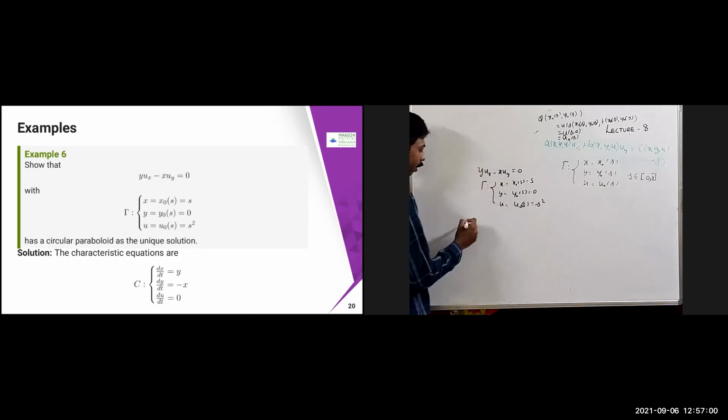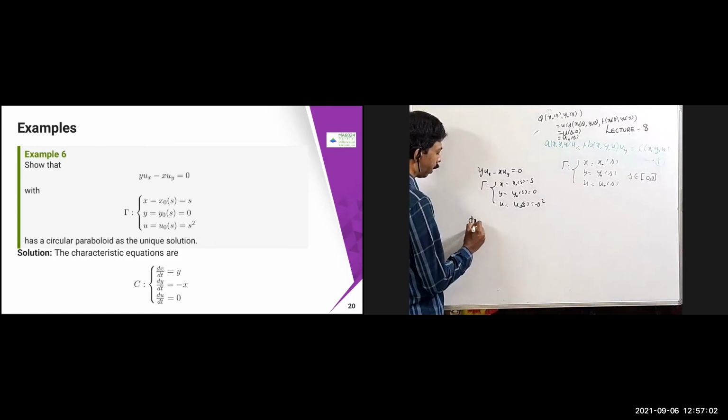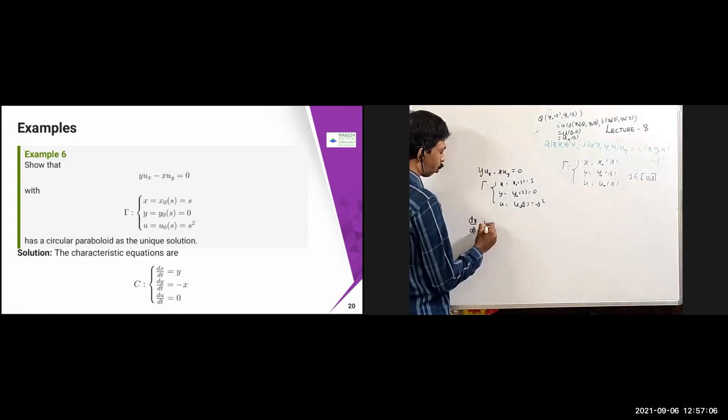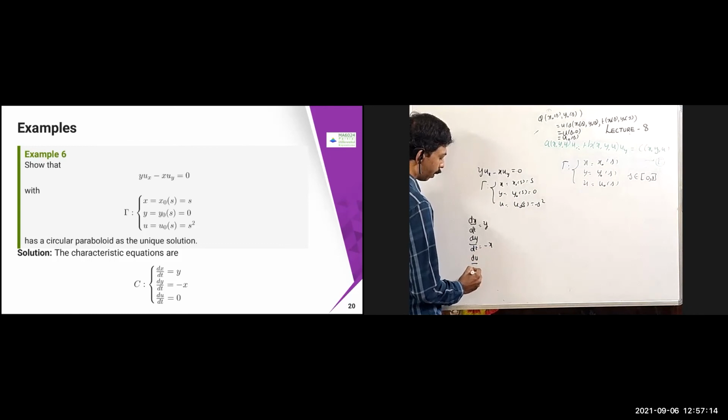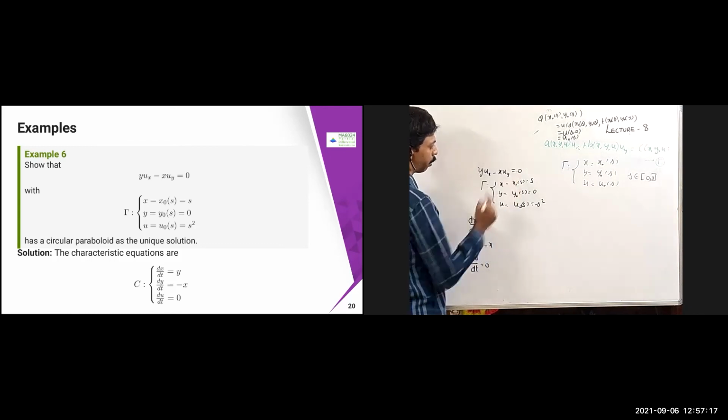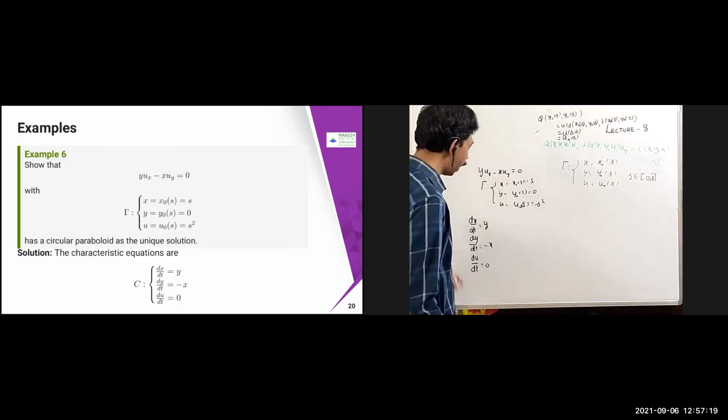Let us prove that. What is the characteristic equation? dx by dt equal to a, which is y, dy by dt equal to b, which is minus x, and du by dt, which is nothing but 0. So let us solve this problem.